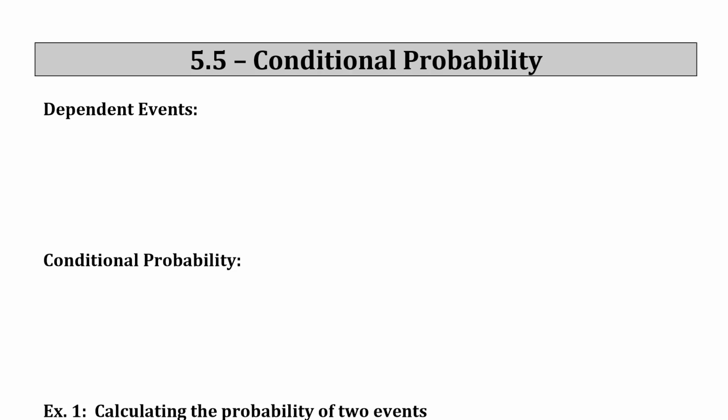5.5, conditional probability. Let's take down some vocabulary words before we launch into these examples. So, dependent events. Dependent events are events whose outcomes are affected by each other.